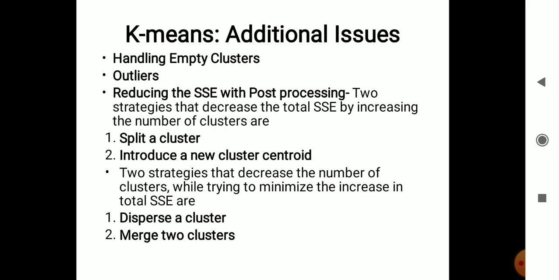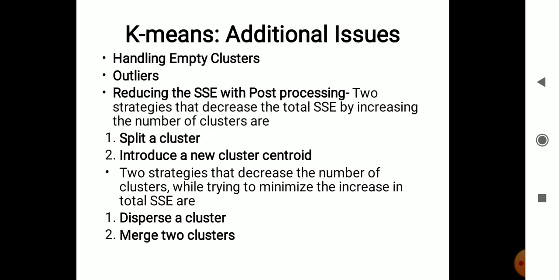If outliers are there, their SSE value will also be higher, because of which it is often useful to discover the outliers and eliminate them earlier. Therefore, even outliers must be handled by the K-means algorithm.